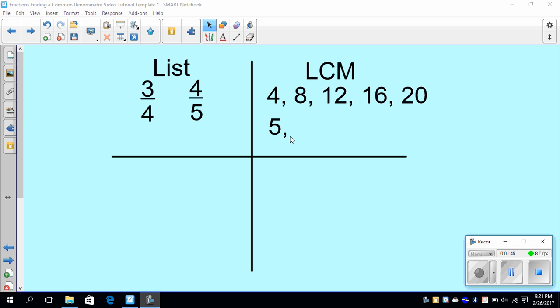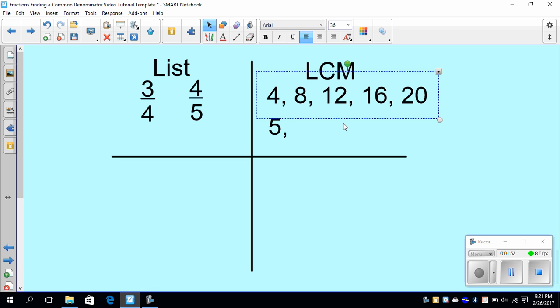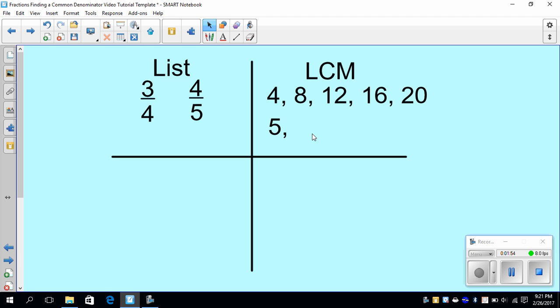So I've listed the first 5 multiples of my first denominator. Usually 5 is good enough, but if you find out that it's not enough multiples, you can always go back and list more. So what I would do is I would have a look here. I'm looking for a common multiple between 4 and 5.